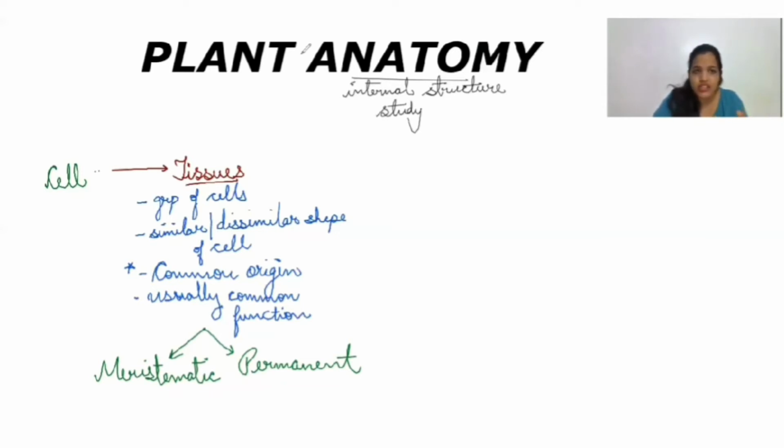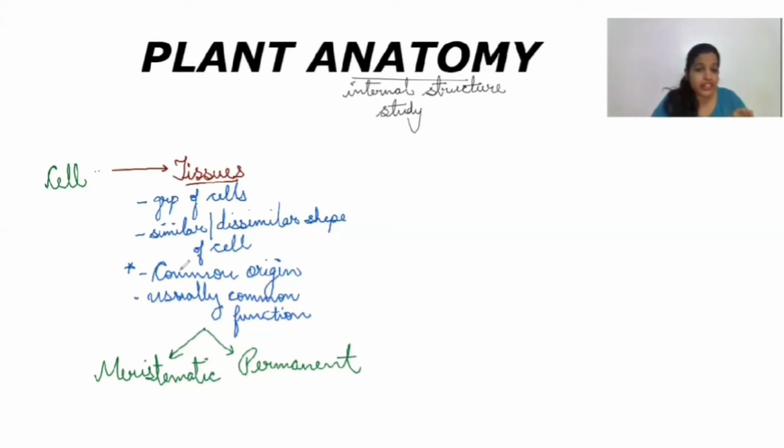So guys, basically in plant there are some cells which will divide continuously. Those cells which have division capacity, they will form the meristematic tissues. So meristematic tissues are made up of immature dividing cells which are dividing continuously.